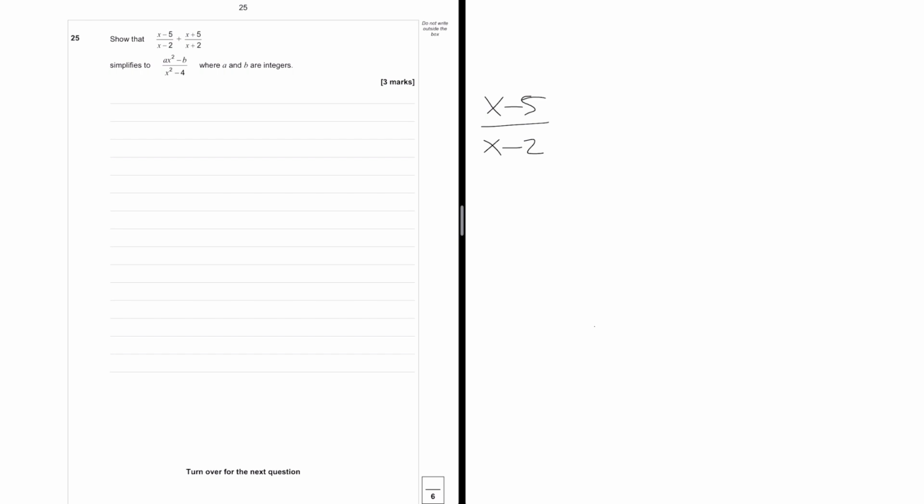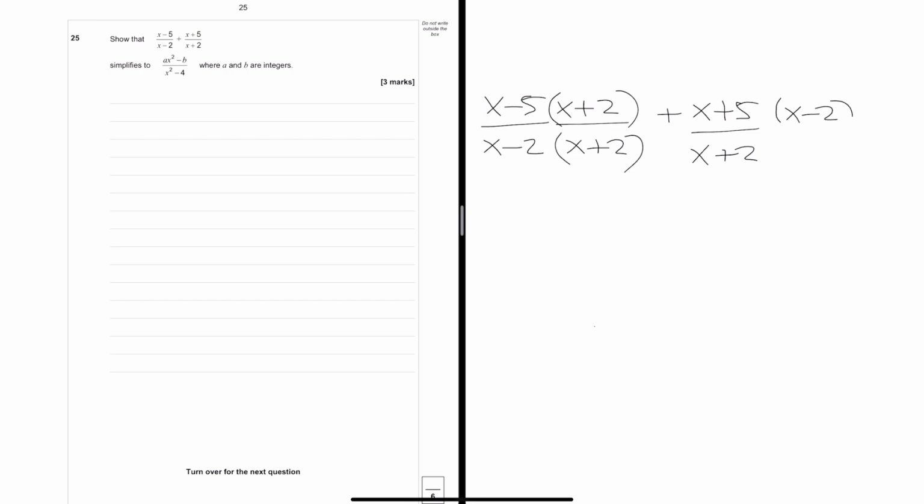So I'm going to multiply top and bottom on the left-hand side by x plus 2. And then on the other side, I'm going to multiply top and bottom by x minus 2.